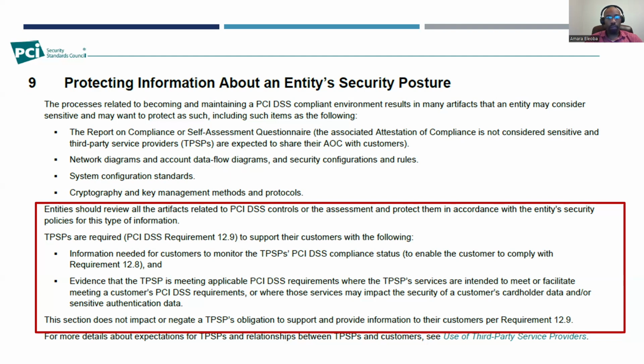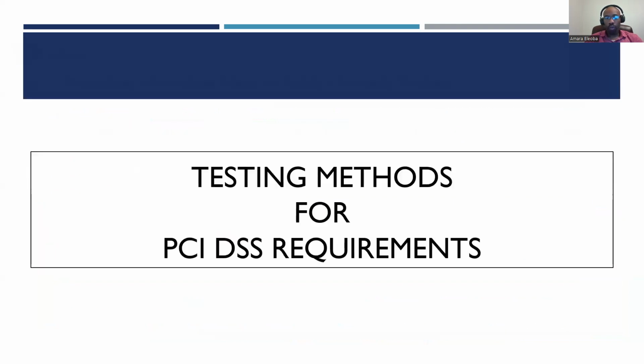requirement 12.9 is applicable to them. Now within PCI DSS, or any compliance framework, the framework will provide you methods of testing to make sure that the control, requirement, or sub-requirement is in place and working as intended.